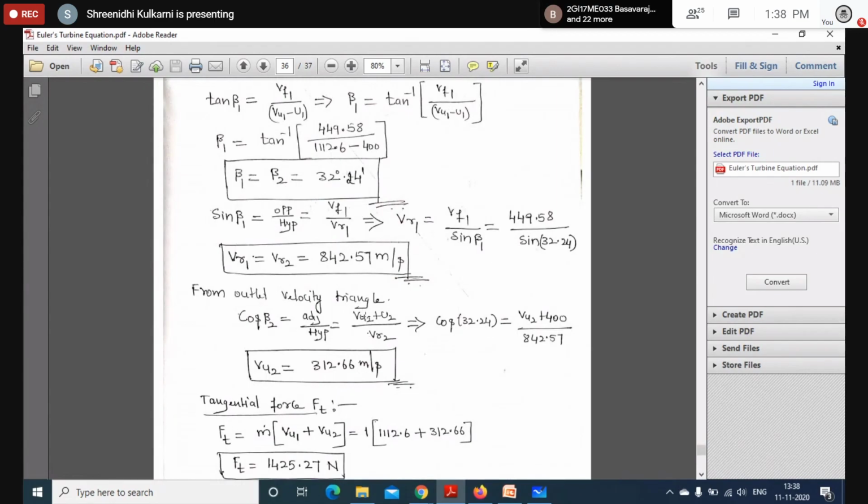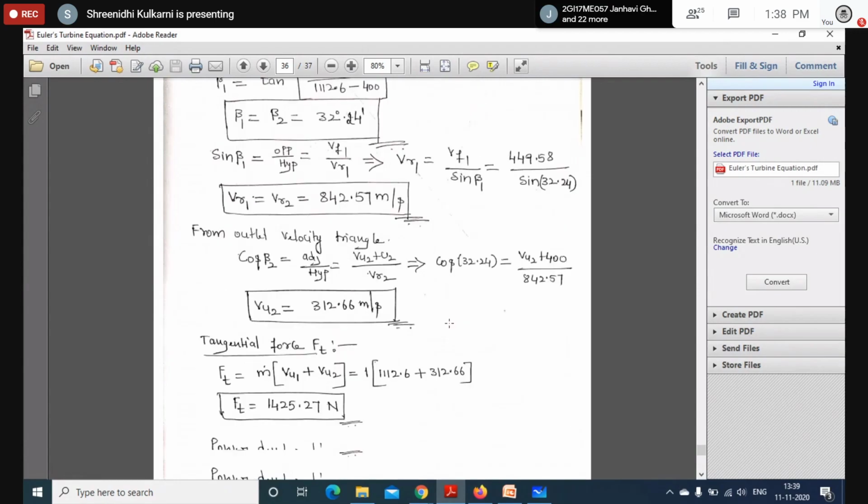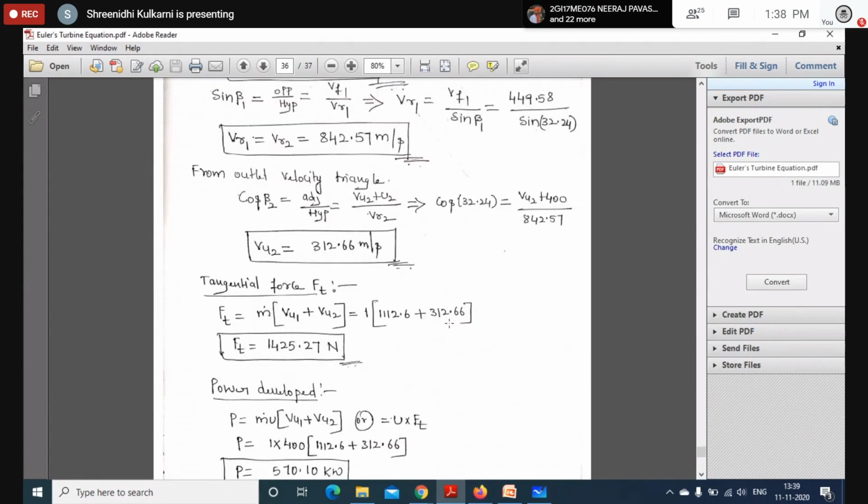So you'll get VU2 plus U2 divided by VR2. So you'll get VU2 as 312.66 meter per second.